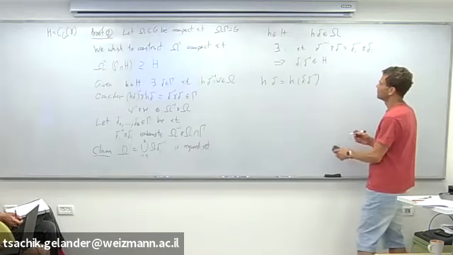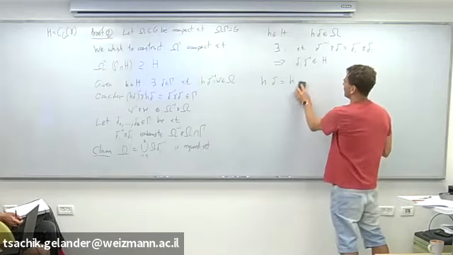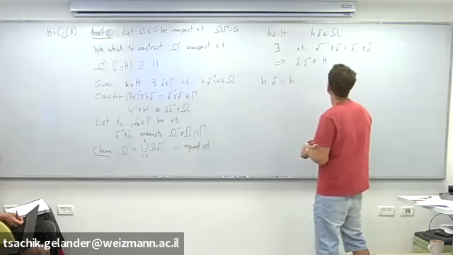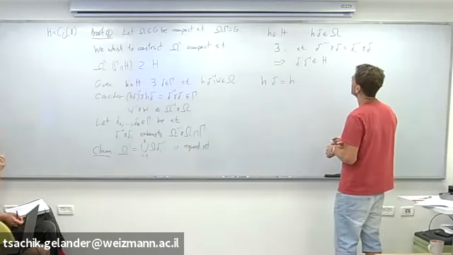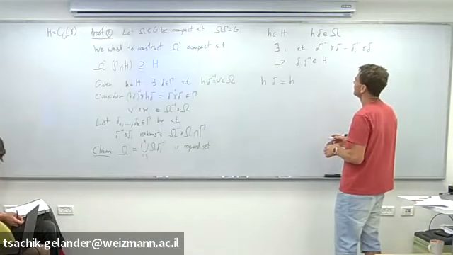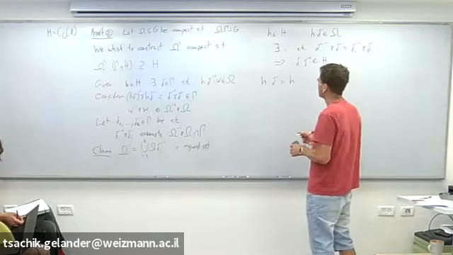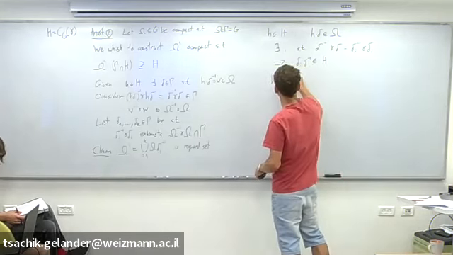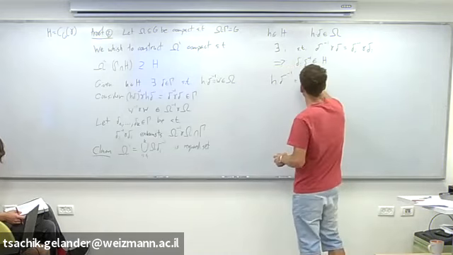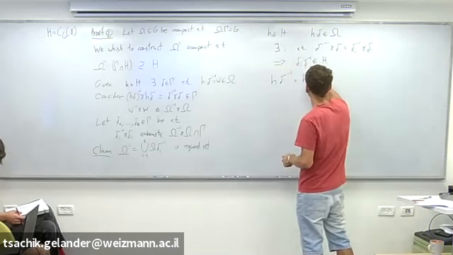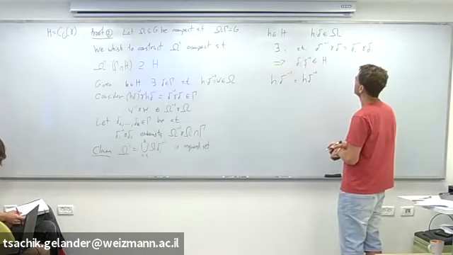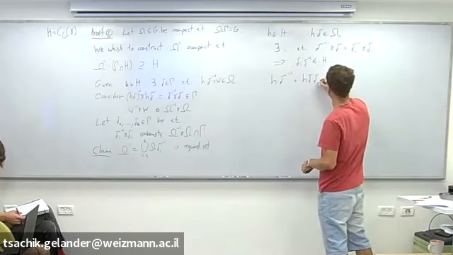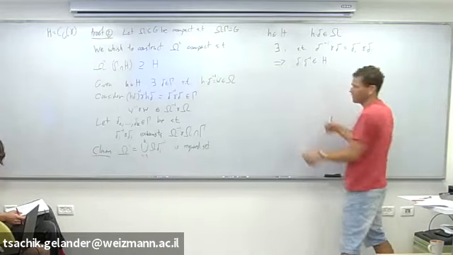H times delta I, H times delta inverse. I want to write it as H times delta inverse for H times delta. You can finish it yourself.